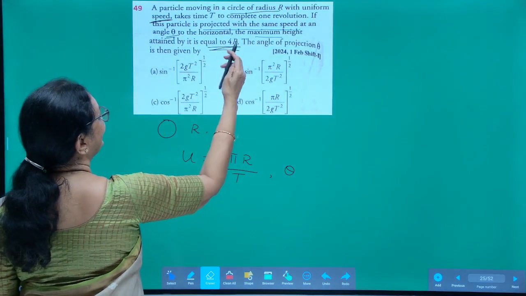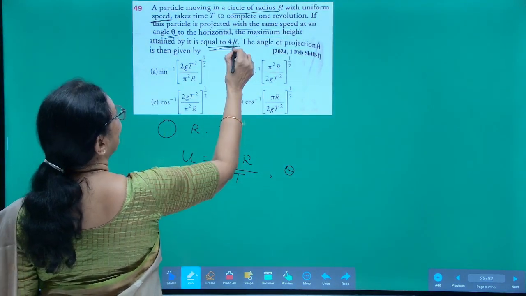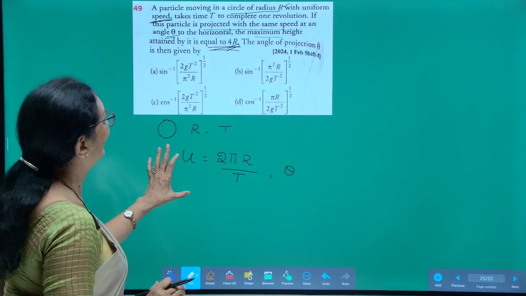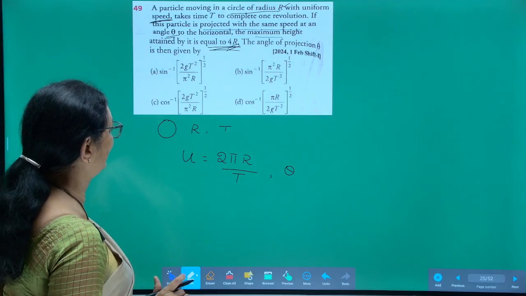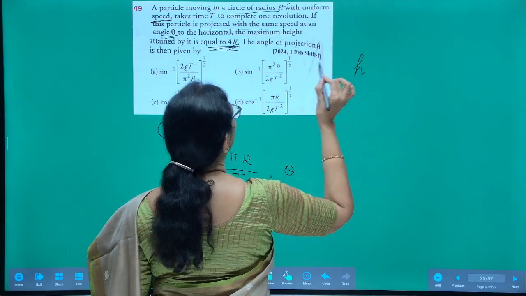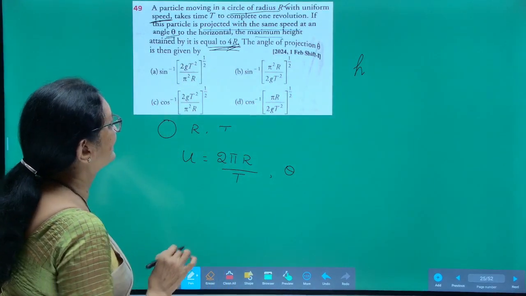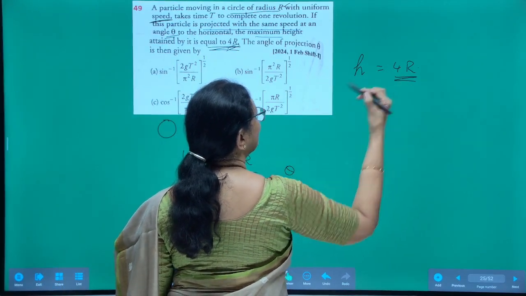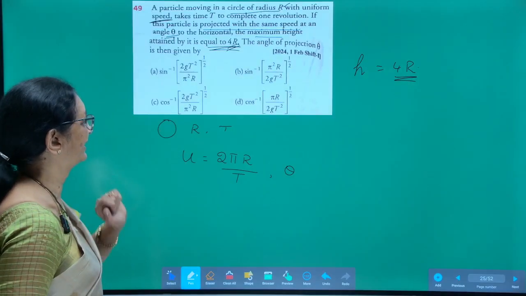R is not the range here, it is the radius here. That is the most important thing, right? Angle of projection is how much? So, maximum height attained by it is equal to 4r, where r is the radius taken here.